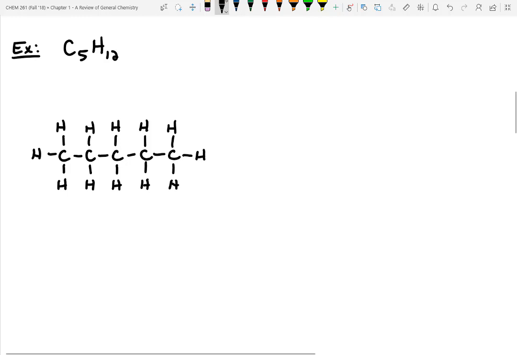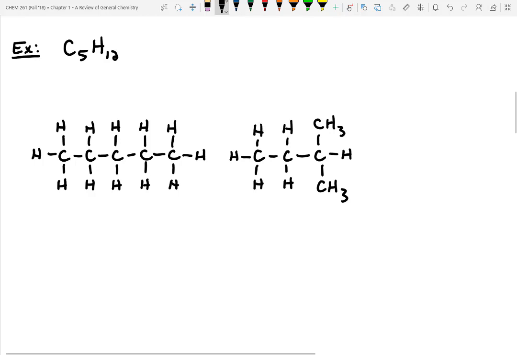Alternatively, we could have branching. So maybe we've got 3 carbons, however, this carbon has 2 CH3 groups coming off of it. That's one option.